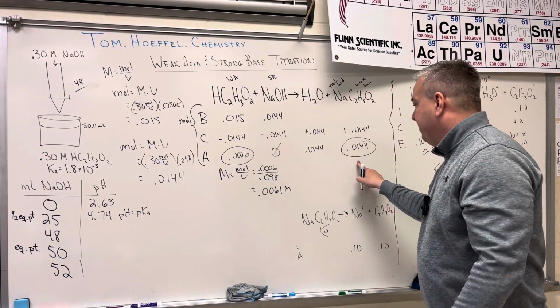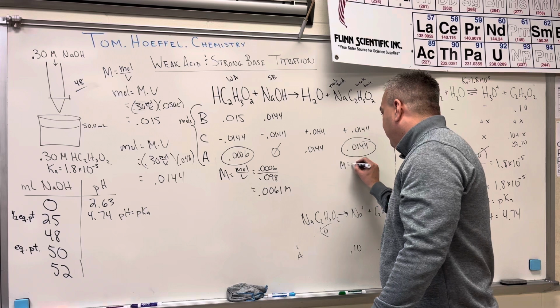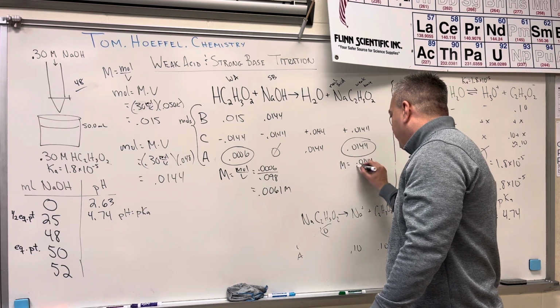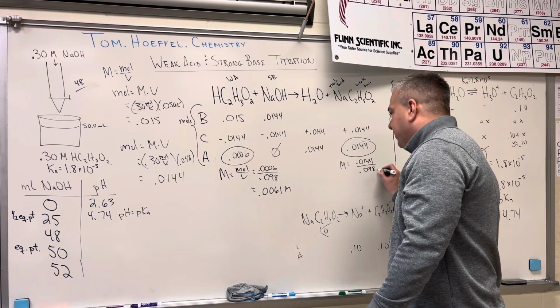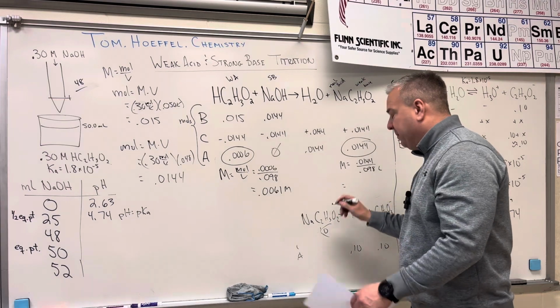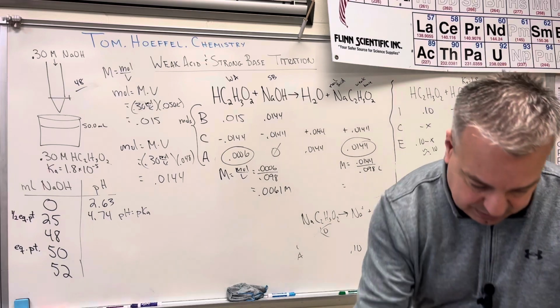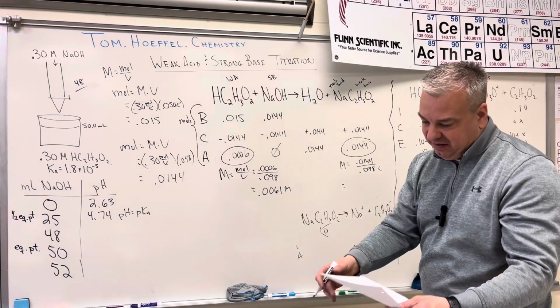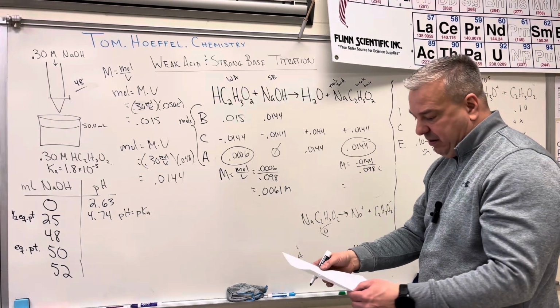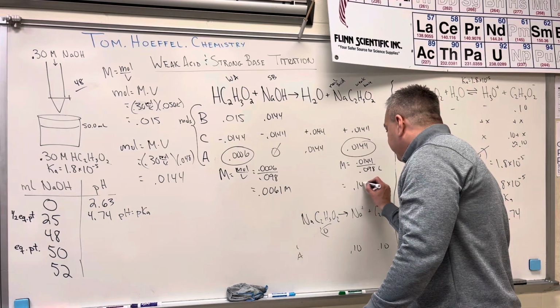And then we're going to do the same thing here. We're going to take the moles of 0.0144 divided by 0.098 liters, and we find out that the molarity here is going to be equal to 0.147.